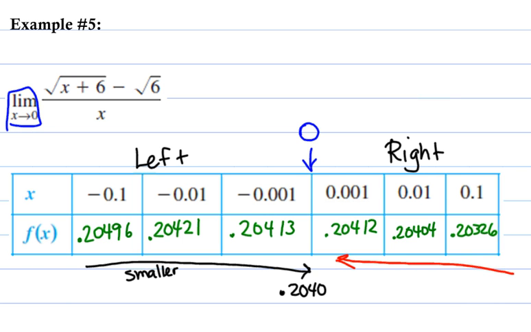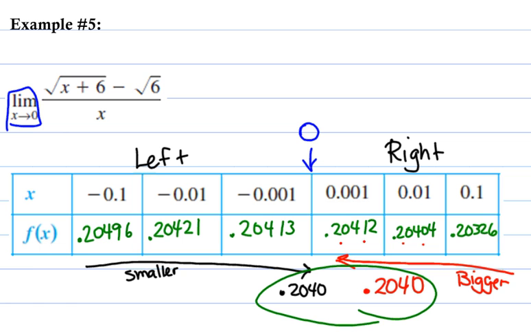Let's see, 2032, 2040, 2041. They seem to be getting bigger, slightly of course, and heading towards 2040 as well. Look at that. So since they're equal, that is my limit: 0.204.